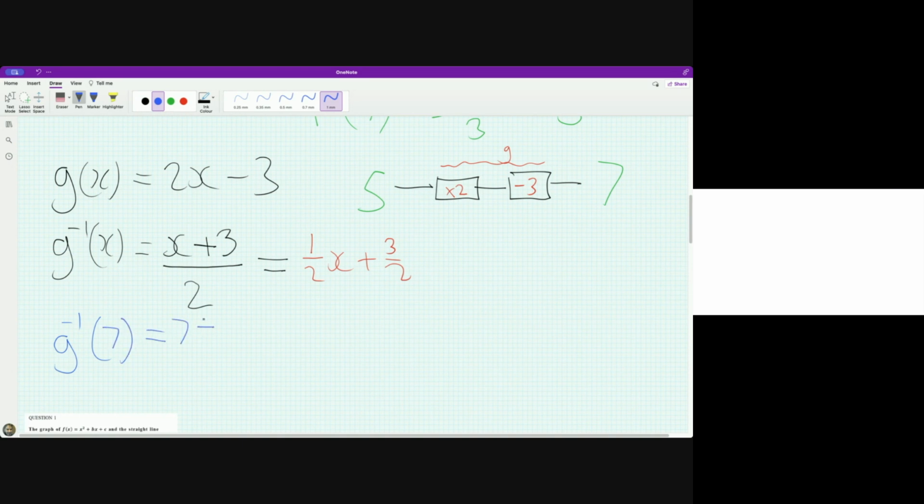I get (7 plus 3)/2, which is 5. So I have sent 7 back to 5, which really does help me. I want you to use this one and see what you get. What do you get if you put a 7 there?